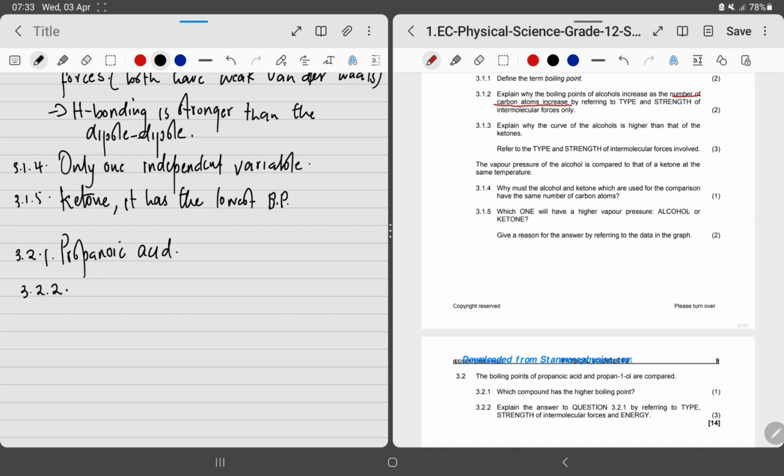3.2.2. Explain the answer in question 3.2.1 by referring to the type and strength of intermolecular forces and the energy.